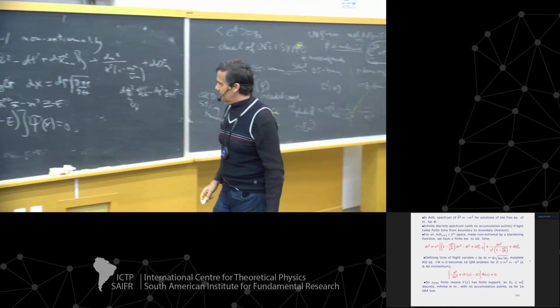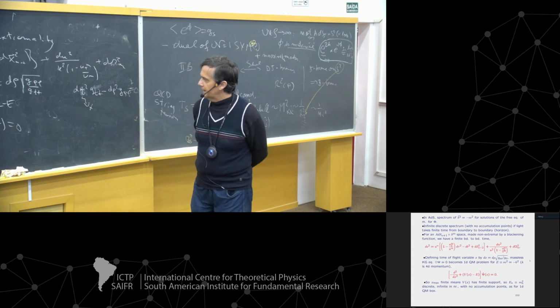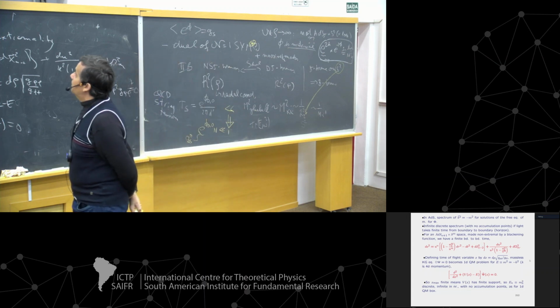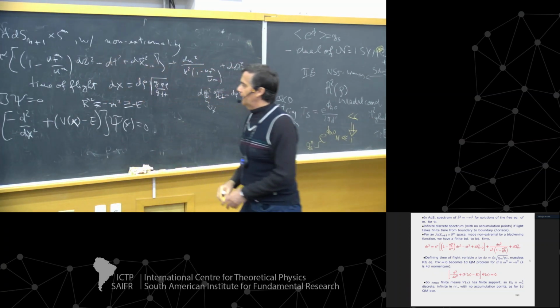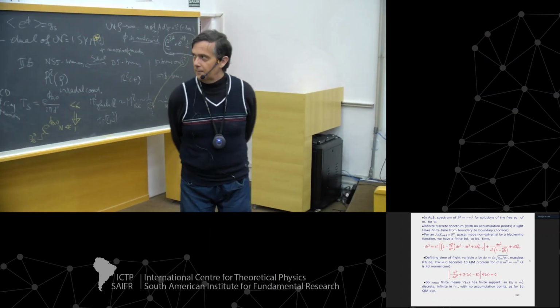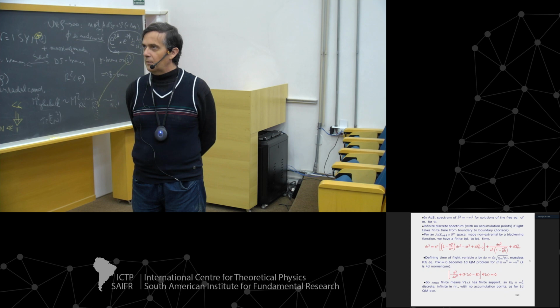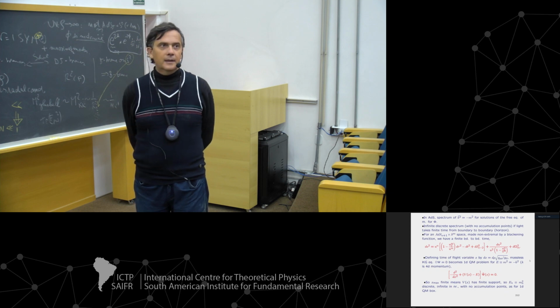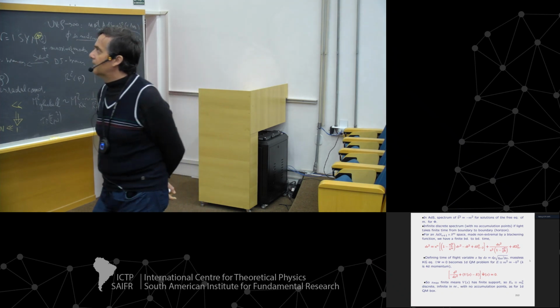So psi tilde is a slight modification of psi. So you reduce the Klein-Gordon equation, the equation of motion for the field, into a one-dimensional Schrödinger equation with x the time of flight.